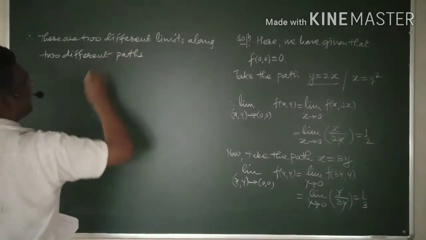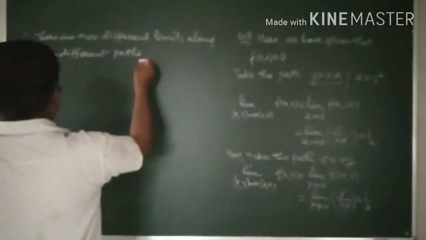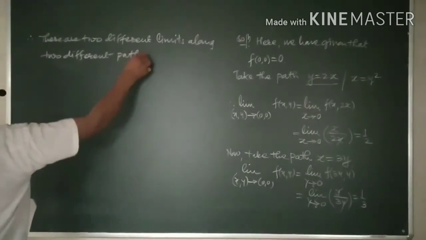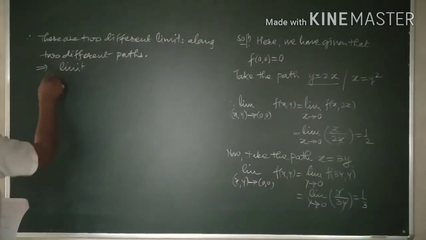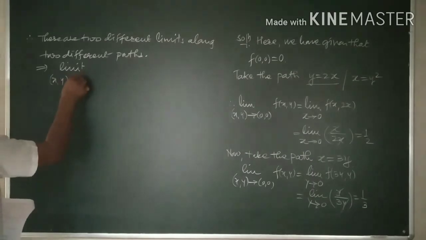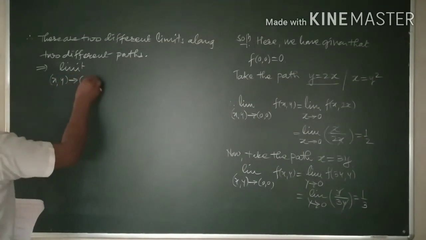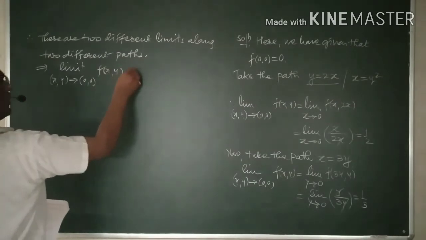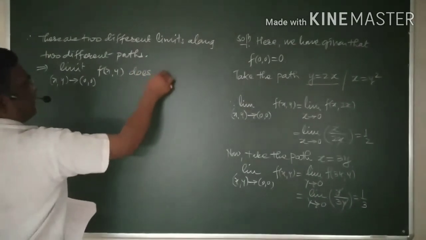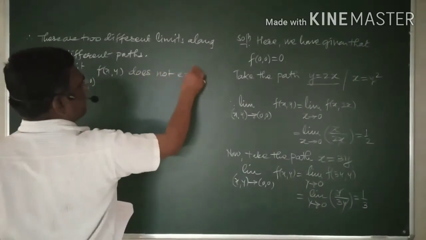There are two different limits along two different paths, and this implies that the limit as x comma y tends to 0, 0 of the given function f of xy does not exist.